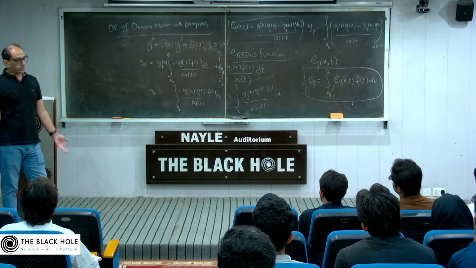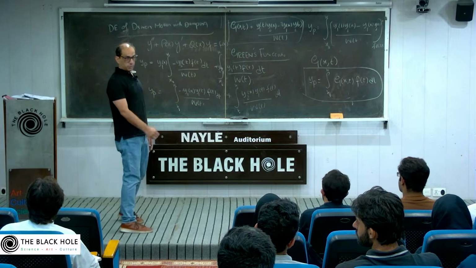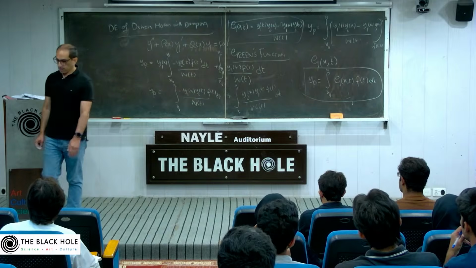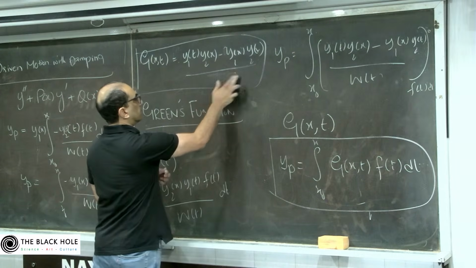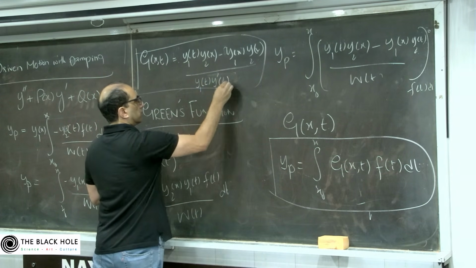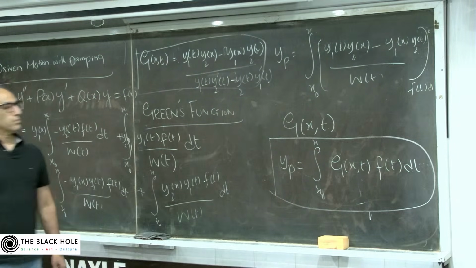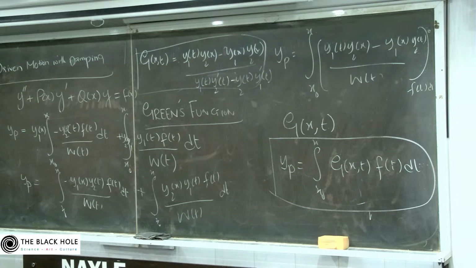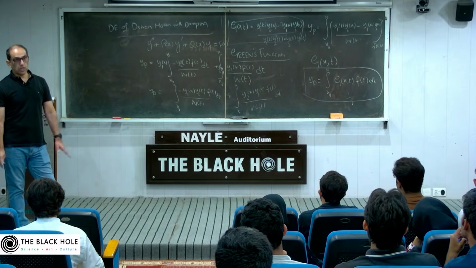The Wronskian has to be non-zero because for a second order differential equation you will have two linearly independent solutions. Come on, guys. There is a very, very important thing about Green's function. Look at the construction.